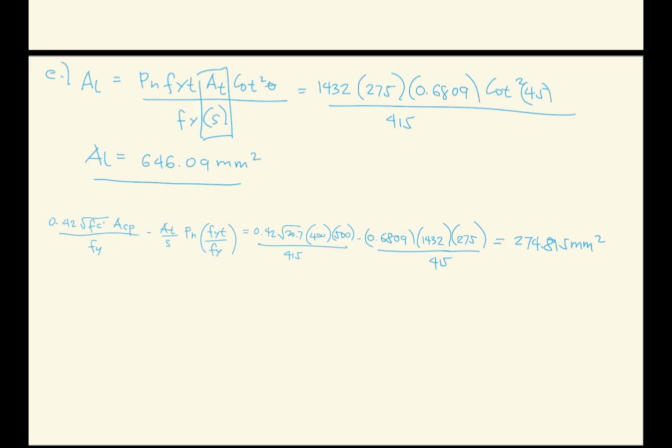Whereas the other expression is 0.42 square root of fc prime Acp divided by fy, minus 0.175 bw divided by fyt. This is further multiplied by Ph and fyt divided by fy.